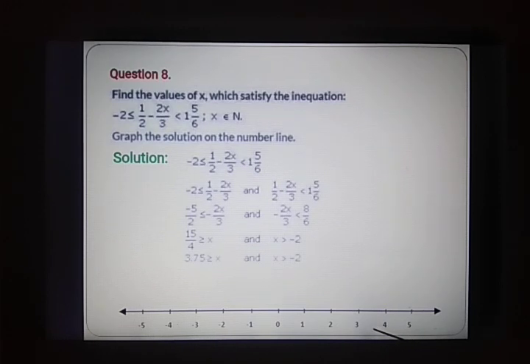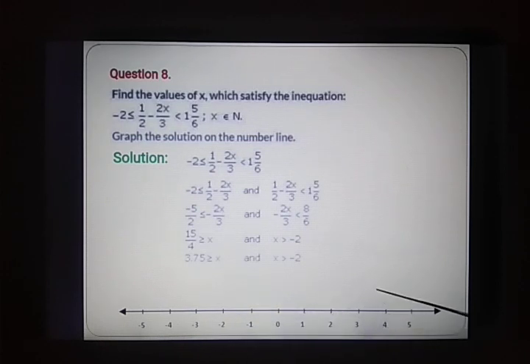Okay, and x is greater than minus 2. Now be very careful. As I said, x is a natural number. So let us mark these two points for now. So minus 2 is here, 3.75 is here.